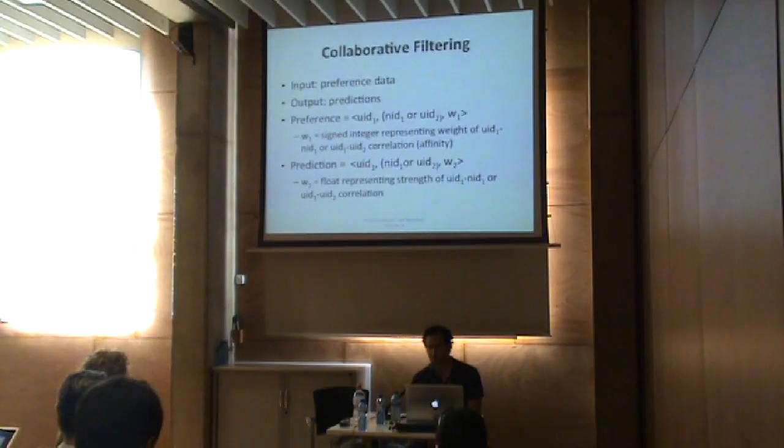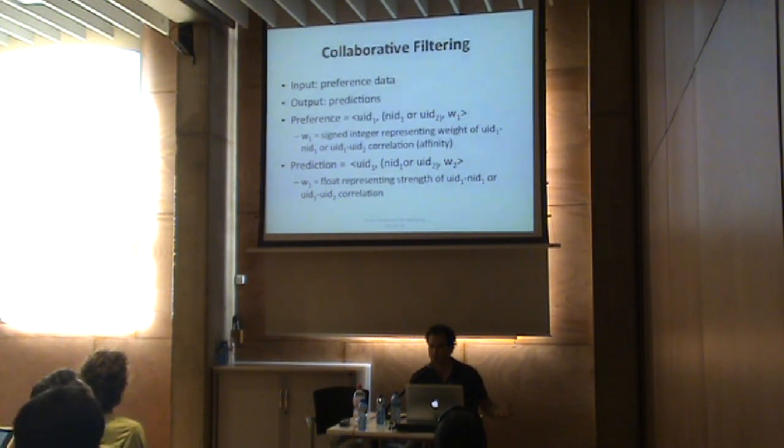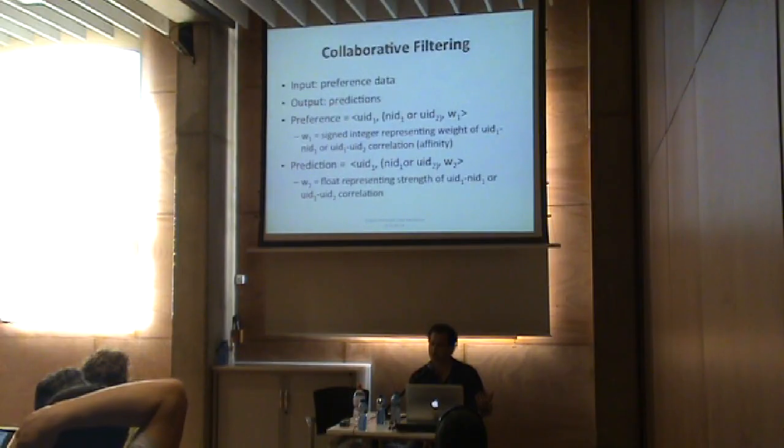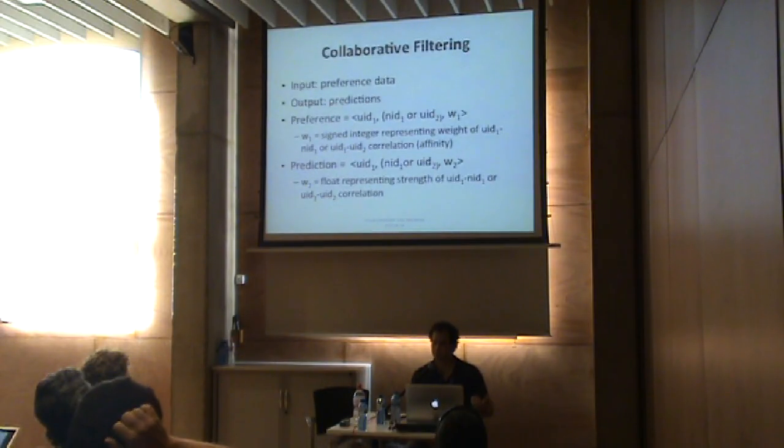So I'll talk briefly about what collaborative filtering is. Basically it means taking in all of the preference data of your users. It's up to the Recommender API helper module, if you will, to identify what's interesting in terms of preference data.